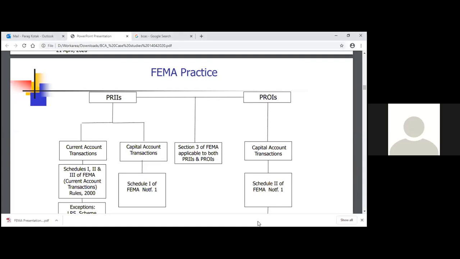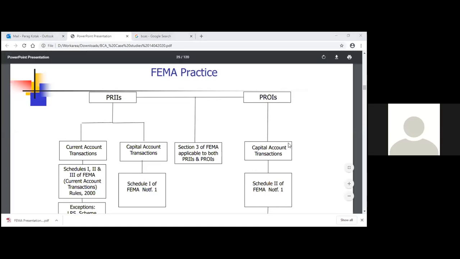Now, therefore, two transactions, capital account transaction and current account transaction, we all know how they are defined. The current account transactions are those which are not capital account transactions.